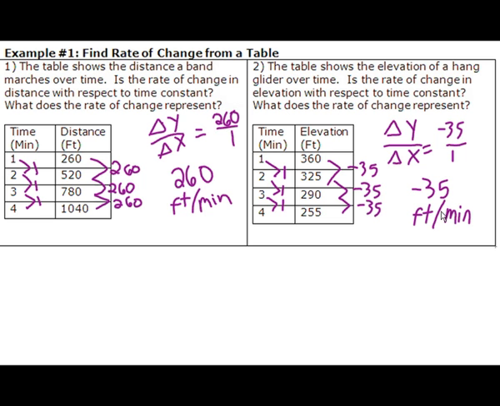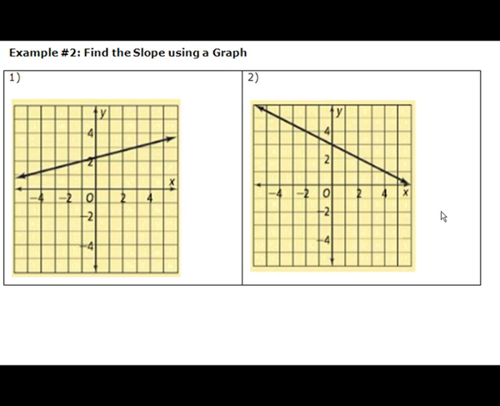Now that's rate of change from a table. Let's look at finding slope from a graph. If we're going to try to find slope from a graph, what we need to do is what I call find two pretty points. Pretty points means they cross the grids so that you have integers. So right here is a pretty point because I can see that it crosses the x-axis at 3 and the y-axis at 3.